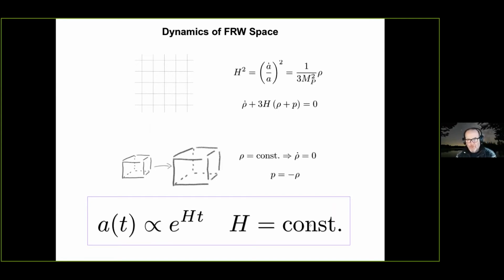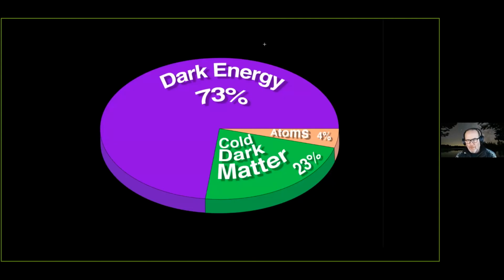And our real universe, of course, consists of a mix of all three of these things. It turns out that in the present universe, it's vacuum energy that dominates. So 73% of the energy density of the universe is in something that behaves a lot like the energy density of empty space. This vacuum energy that violates conservation of energy currently makes up about 73% of the energy density.